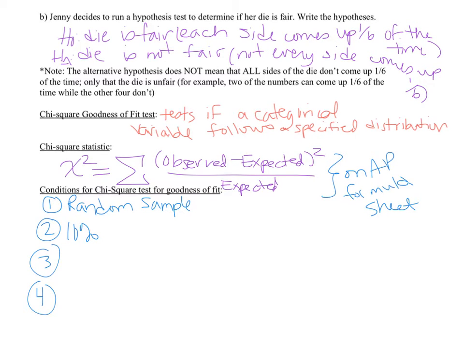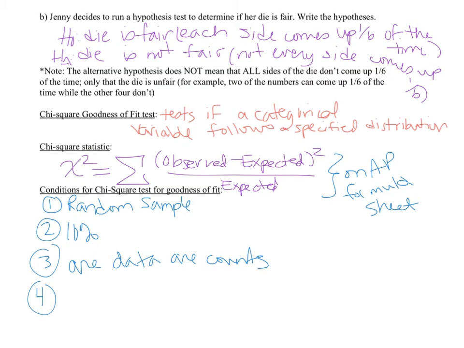So the third one is going to be that all of your data are counts. And what I mean by counts is that it's something countable. Like this girl who was rolling her die, she counted the number of times she rolled each number. So we call those counts. In this case, it's a noun.